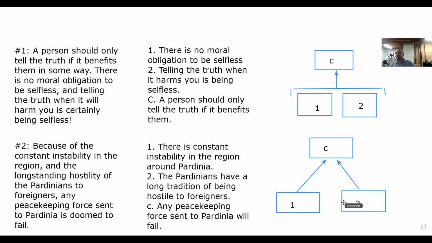Taken together, 50%, the argument's way stronger than they would be individually. What's going on here, though, isn't just that we're saying the argument is stronger if these two premises are both true. We're saying that the argument only makes sense if both of these two premises are true. If either of the premises were not true, the argument would stop making sense. Here, it could well turn out that there hasn't been constant instability in the region of Pardinia, but we would still have a reason to think that the peacekeeping force might not work with the second premise.